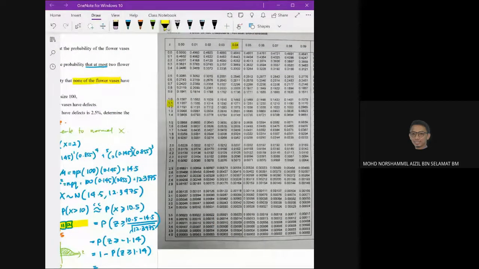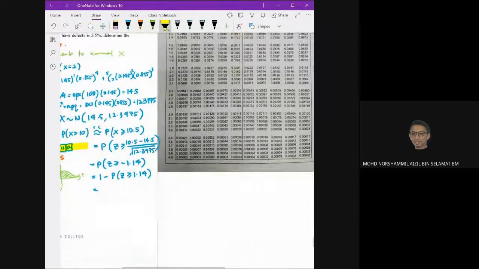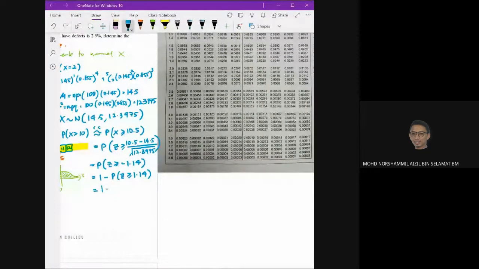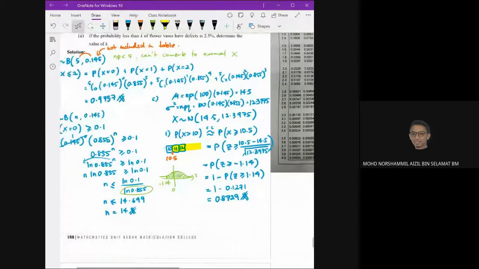So the value 1271. Okay? So what do you get? 0.8729. Allah, lebih banyak lagi ni.